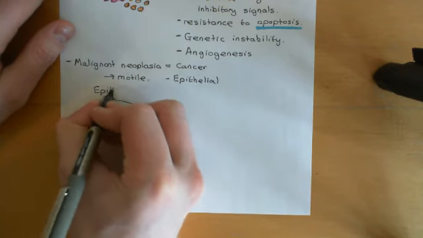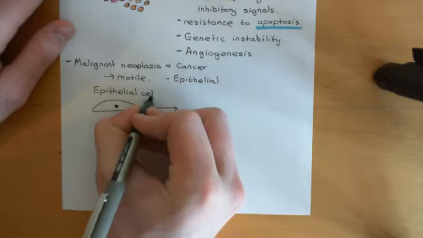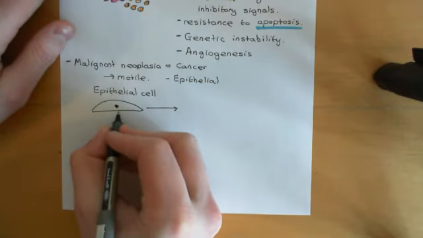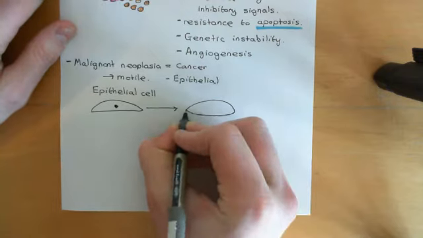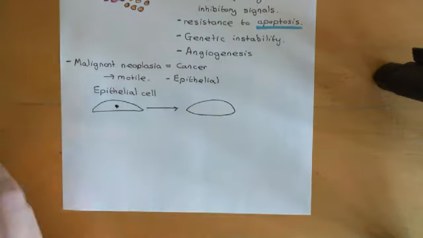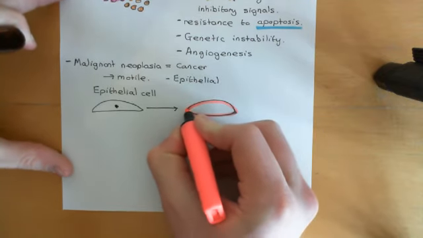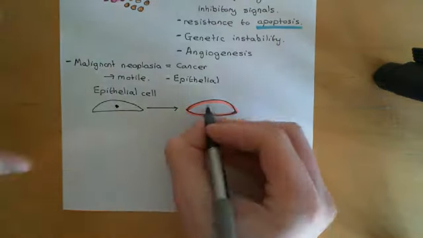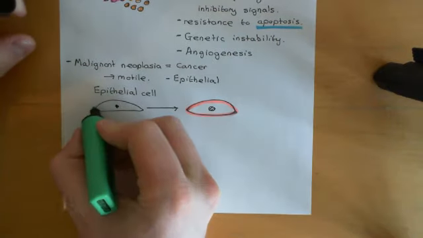So this is the epithelial cell. Basically the epithelial cell undergoes a transition from being an epithelial cell to being a mesenchymal cell. So I'll now show my mesenchymal cell. I'll have to draw it in a different colour so that they don't look similar. So here is my mesenchymal cell, in red, and then I'll have my epithelial cell here in green.